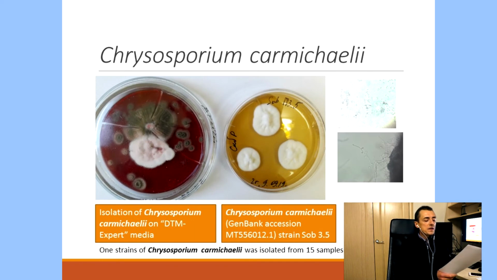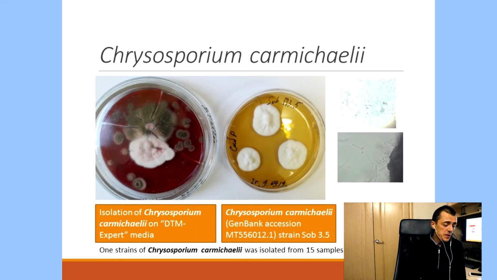So here we can see that one more Onygenalean species isolated from sables was Chrysosporium carmichaeli, which was the most prevalent Onygenalean species in the NGS study. And it was isolated only from one sample on DTM selective media.